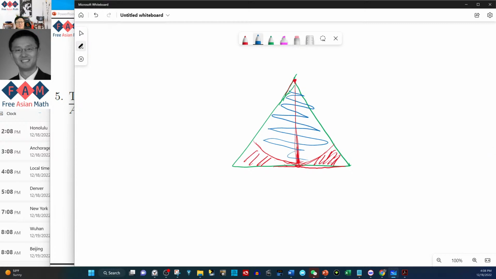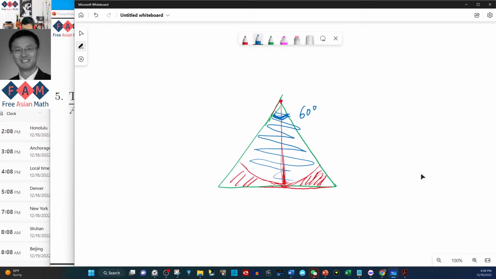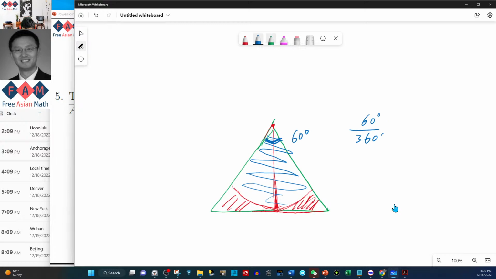And that is very easy to compute because it's the equilateral triangle, so we know this angle is 60 degrees. That means that this sector is just 1/6 of the circle, the underlying circle, right?